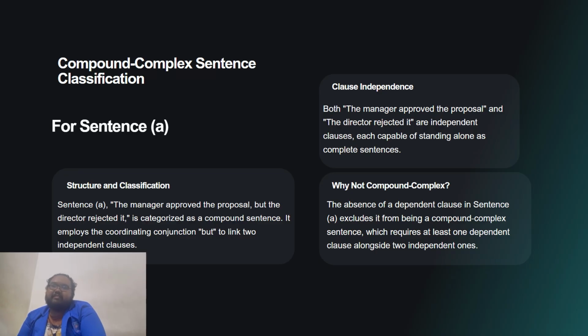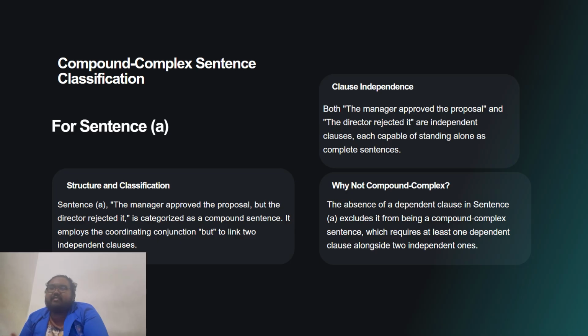Compound-complex classification for sentence A. Structure and classification: sentence A, "the manager approved the proposal but the director rejected it," is categorized as a compound sentence. It employs the coordinating conjunction "but" to link two independent clauses.